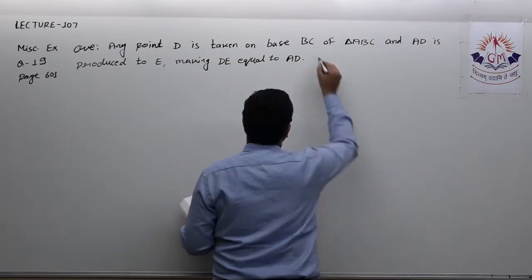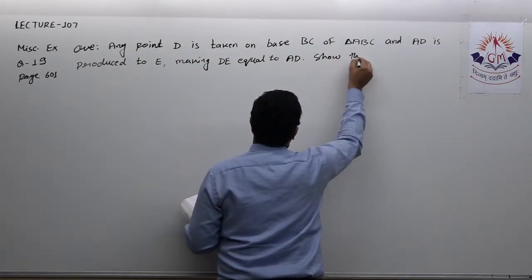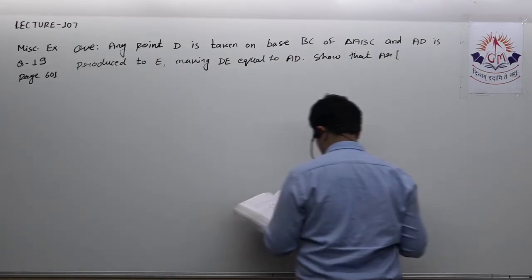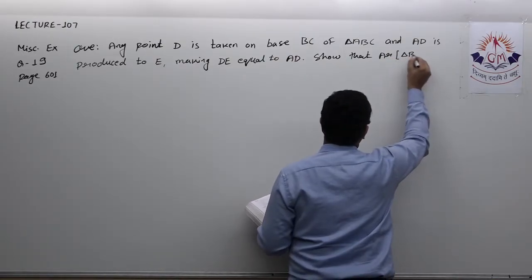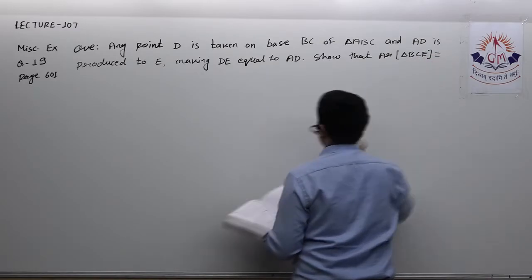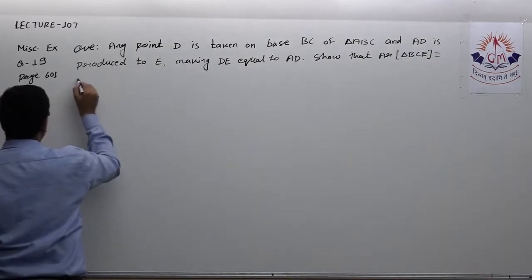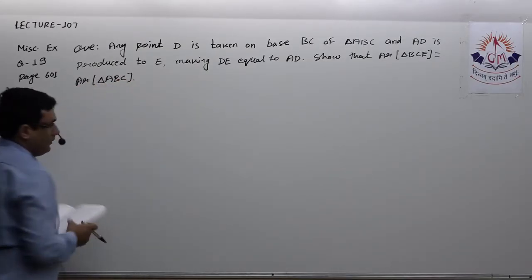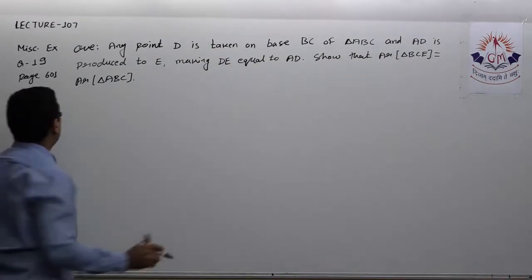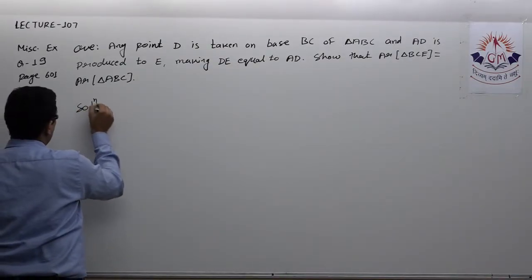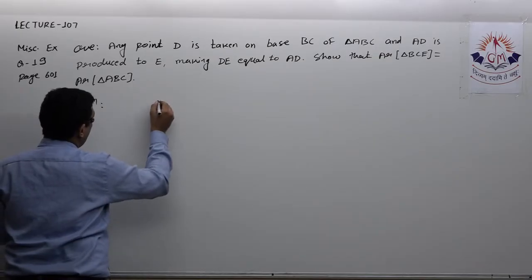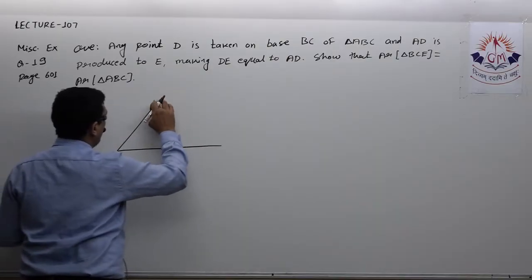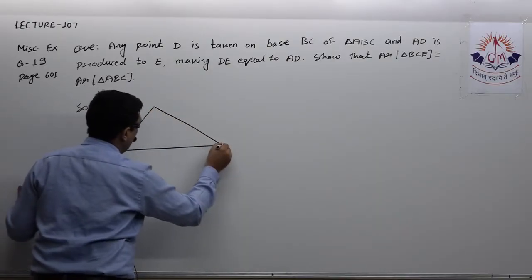Show that area of triangle BCE is equal to area of triangle ABC. Okay, so let us draw its diagram first. It is given that there is a point D on the base BC of triangle ABC. So first of all, let me draw the triangle ABC.